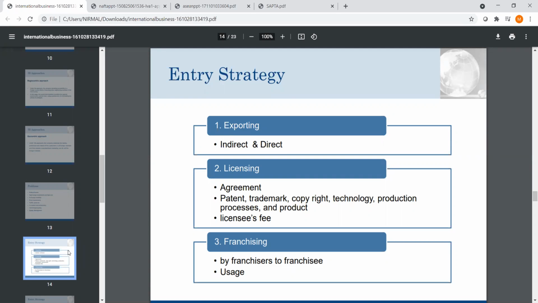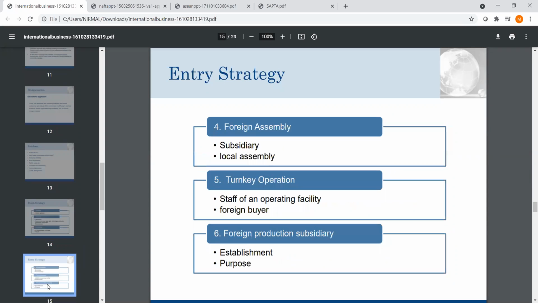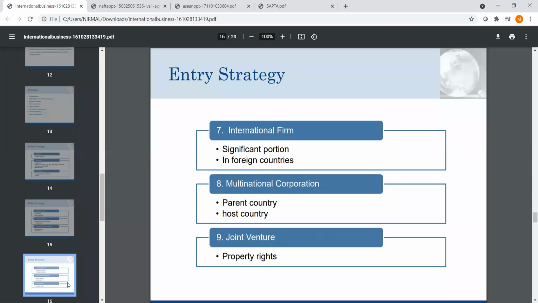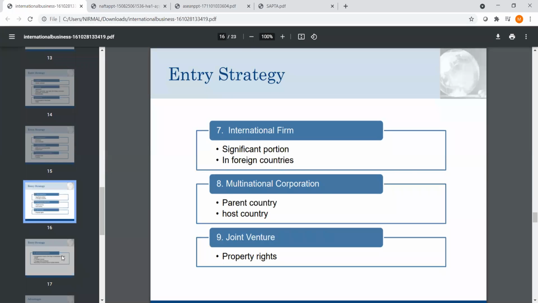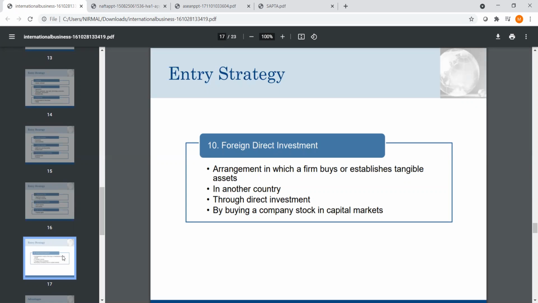Licensing covers patent, trademark, copyright, technology, production process and product, with a licensing fee, and franchising by franchisers to franchisees. Then foreign assembly, subsidiary, local assembly, turnkey operation, foreign production subsidiary, multinational corporation, parent country and host country, joint venture, property rights. So foreign direct investment, these are the types of entry strategies, right?